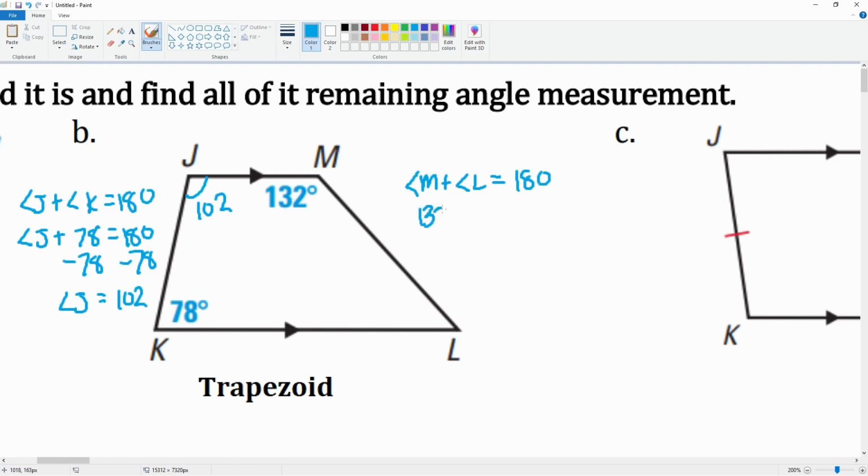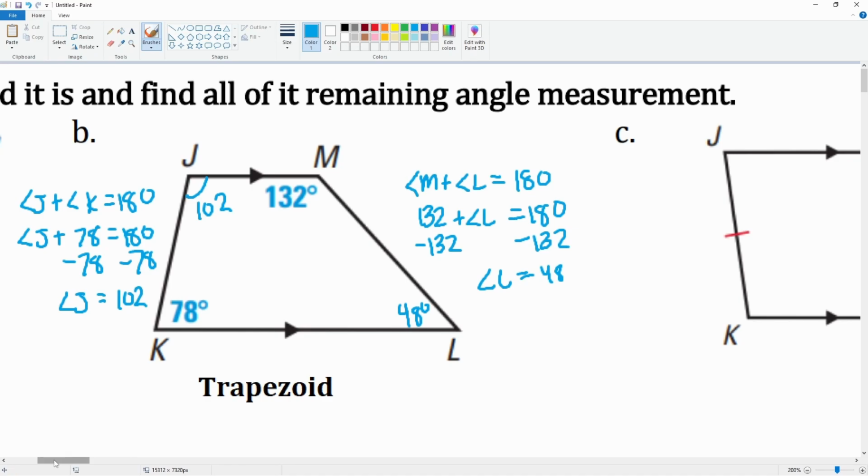This is 132 plus angle L is equal to 180. Minus 132, minus 132, you get angle L is equal to 48. Okay, so there you go. This is 48 degrees. All right. This is a very interesting trapezoid.